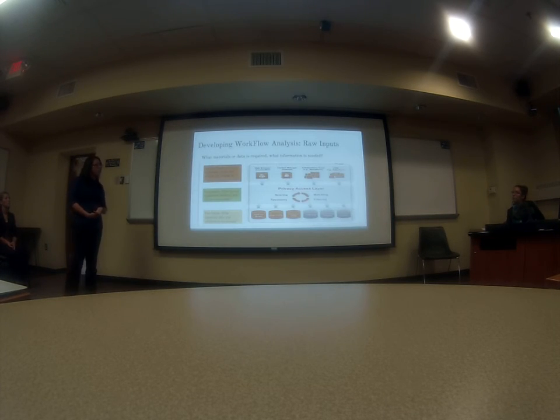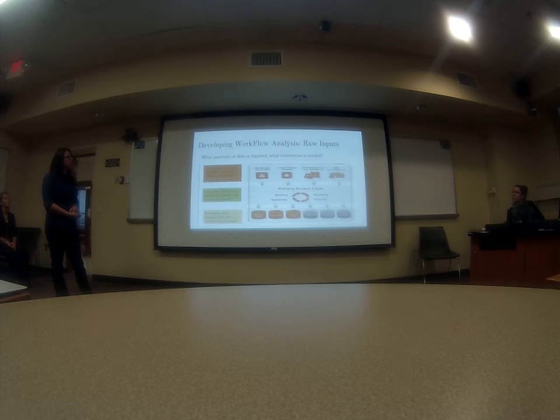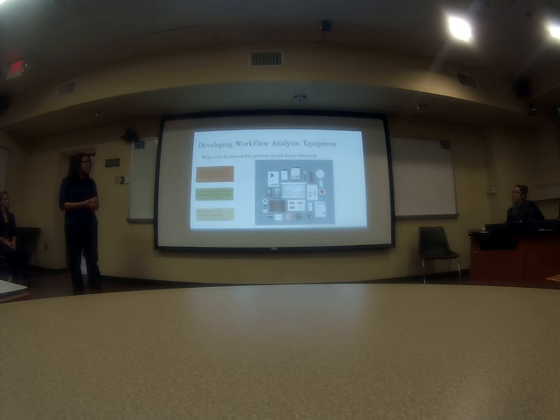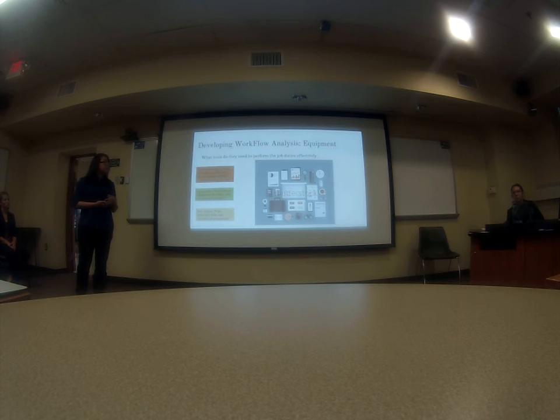The first one is raw input. It's what material or data is needed and what information is needed to develop the workflow. Basically, how would they contact customers? How would they talk to their higher ups? What steps do they have to take to create the product? Next would be the equipment. What tools would they need to perform the job duties?